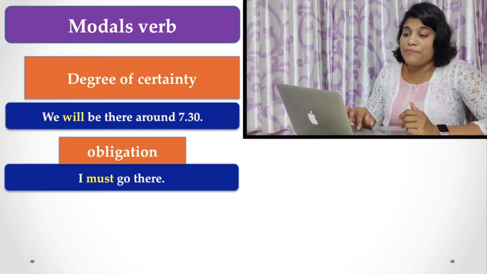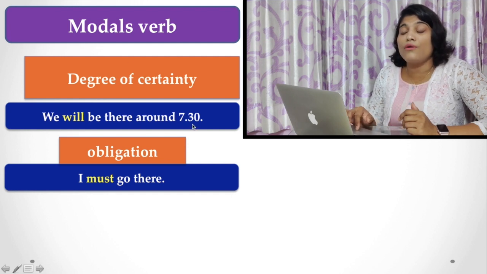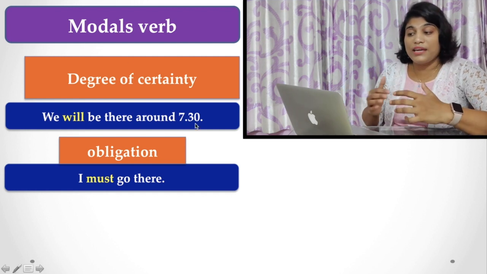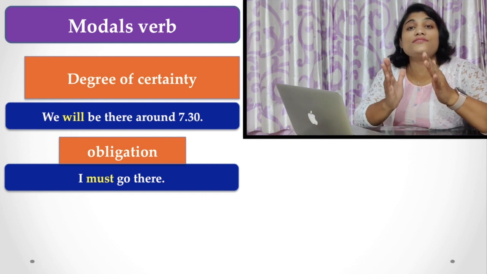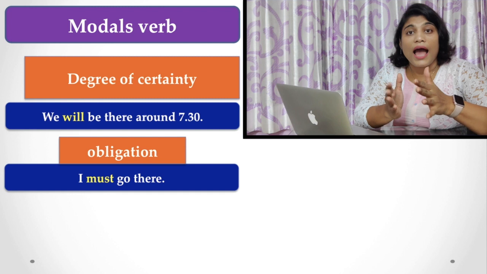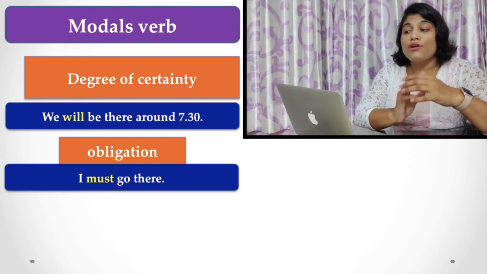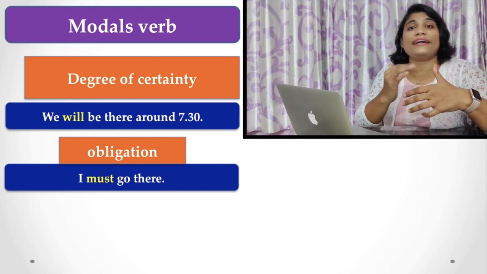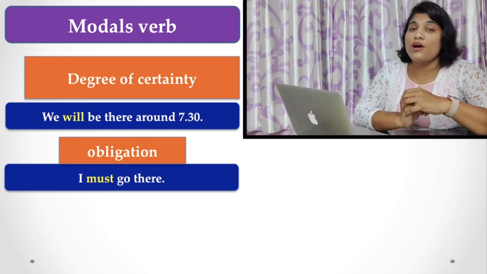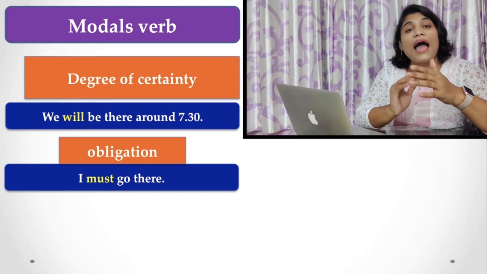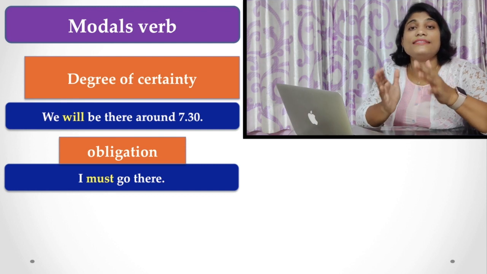All these modals are used either to denote the degree of certainty or obligation. Now let's see what the degree of certainty and obligation are. If I say we will be there around 7:30, that means we will be there at that time, and it is obvious, it is definite. So when we are talking about certainty or obviousness, we have to use the modal auxiliary. Similarly, I must go there. This is obligation.